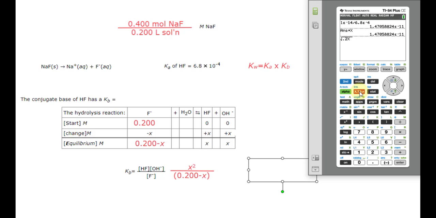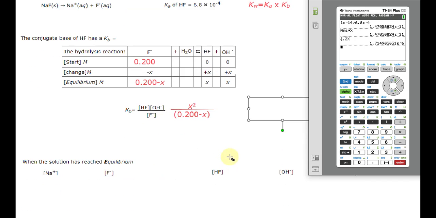The TI knows you're going to be multiplying this, and we can just multiply and come up with a value, and that sort of makes sense. 0.2 times this, square root's going to be the same value, but hey, this is almost identical to the value that we had when we had our solver problem, and it's just as good. So we've got this answer, which is going to be the concentration of the hydroxide ion.